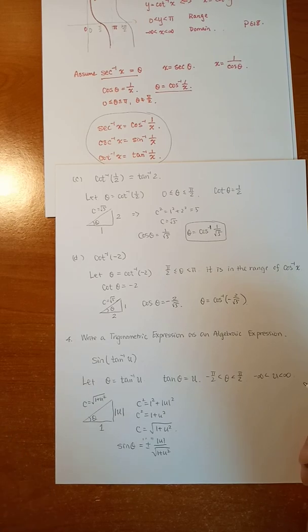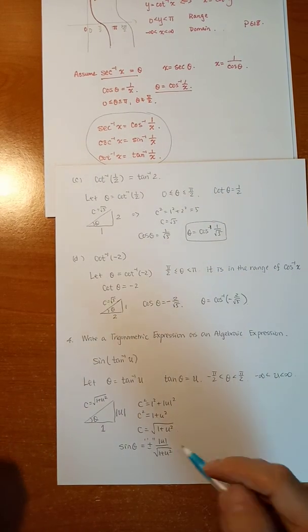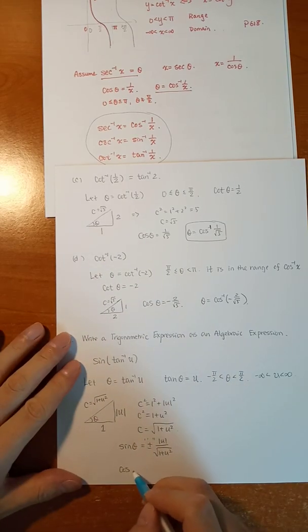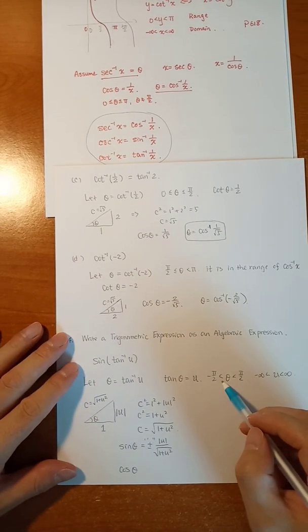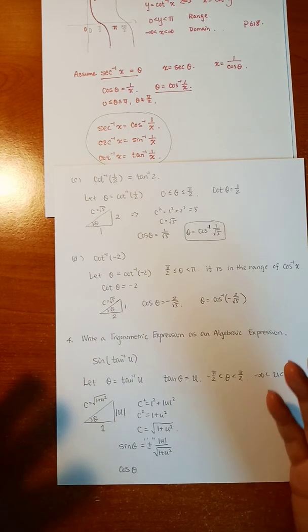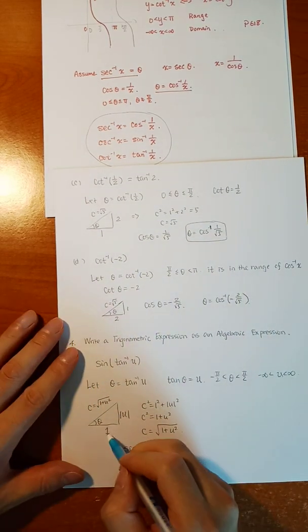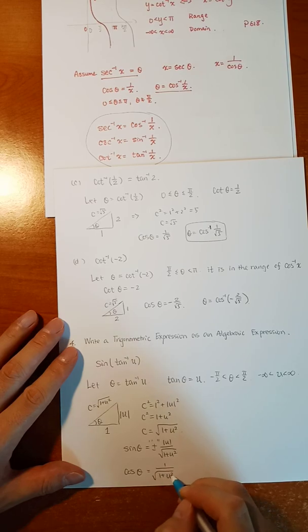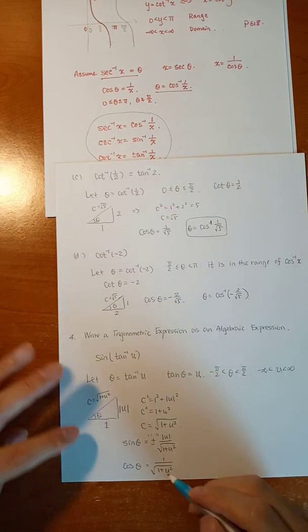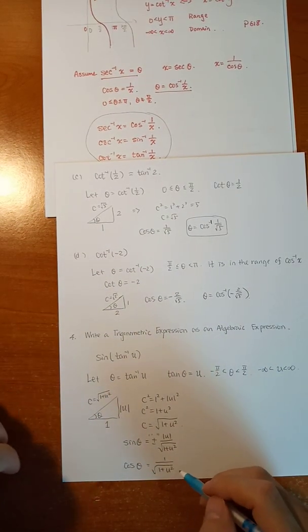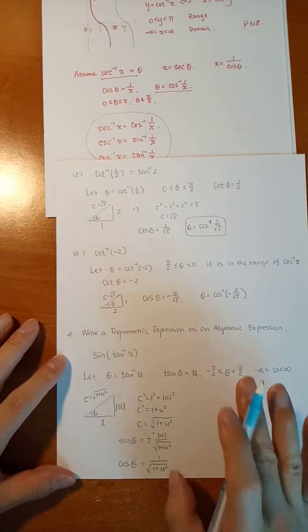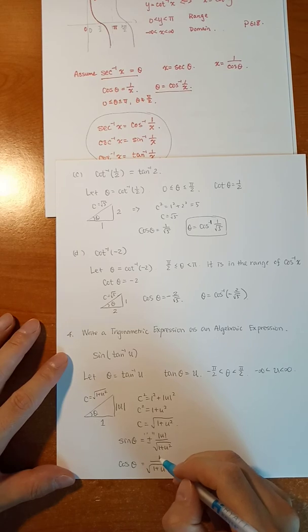Then we have a problem. I don't want this problem to happen. I will consider cosine. Why? In the fourth quadrant and the first quadrant, cosine is always positive. So it's 1 over square root of 1 plus u squared. You don't worry about the sign.